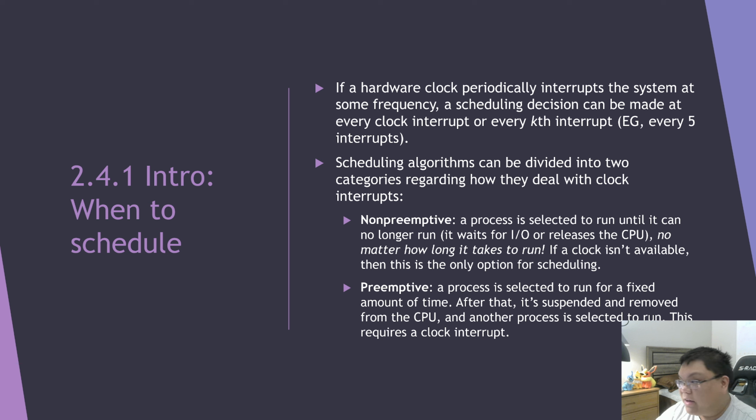So preemptive scheduling algorithms, for our discussion, let processes run for some amount of time, and then they run another process after that, a different process after that. With non-preemptive, we have no means of preempting the CPU from a process. So the process keeps the CPU for however long it needs to run.